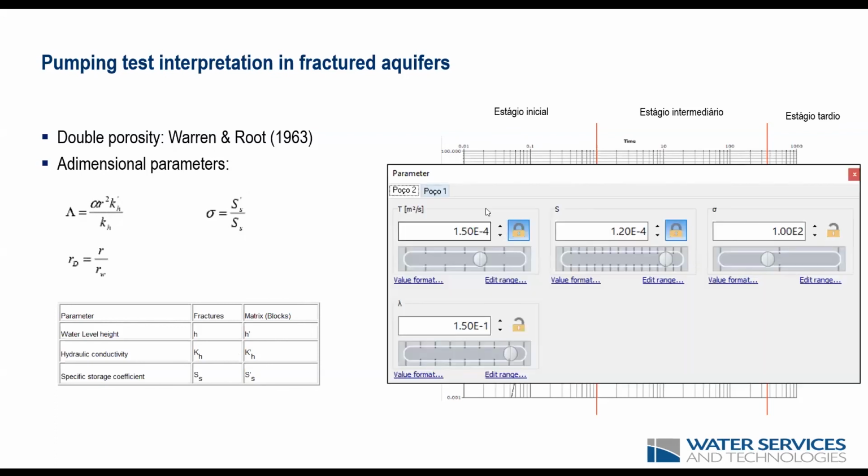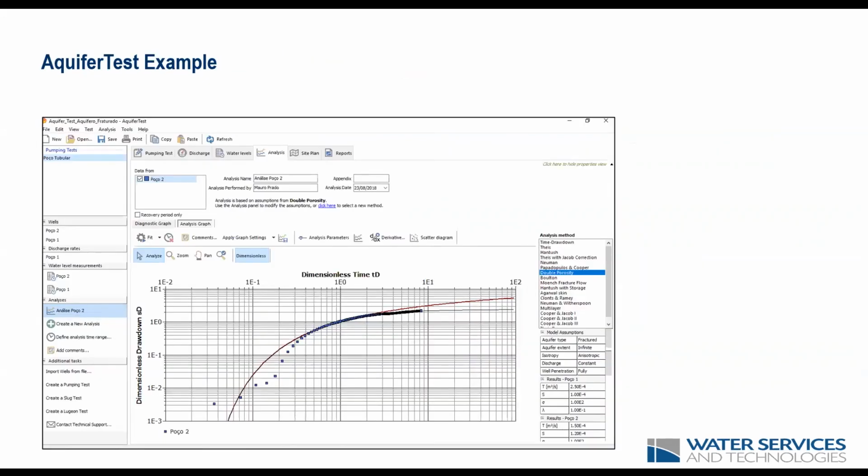And in AquiferTest, and we'll see that in a moment in an example that we're going to show, different from, let's say, the standard porous aquifers, we will have ways to adjust not only transmissivity and storativity, but also we can adjust the values for sigma and lambda, and by that manner find the best fit between the field curve and the type curve. So let's have a look at our AquiferTest example.